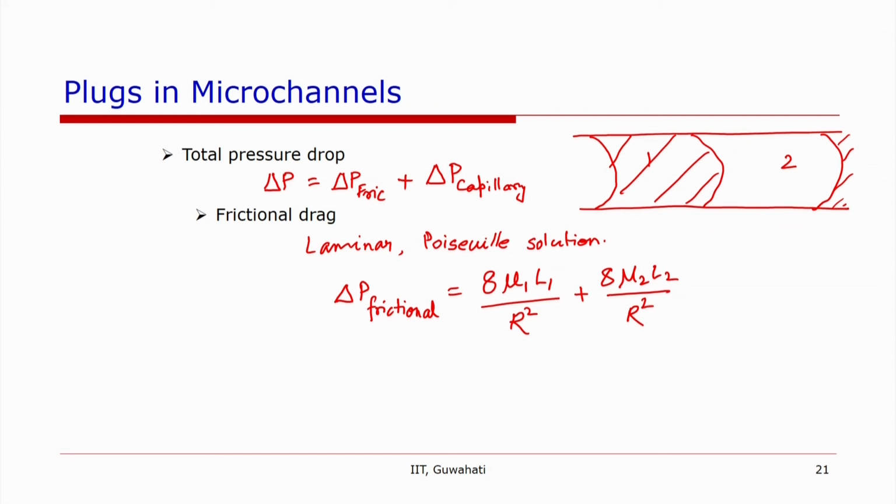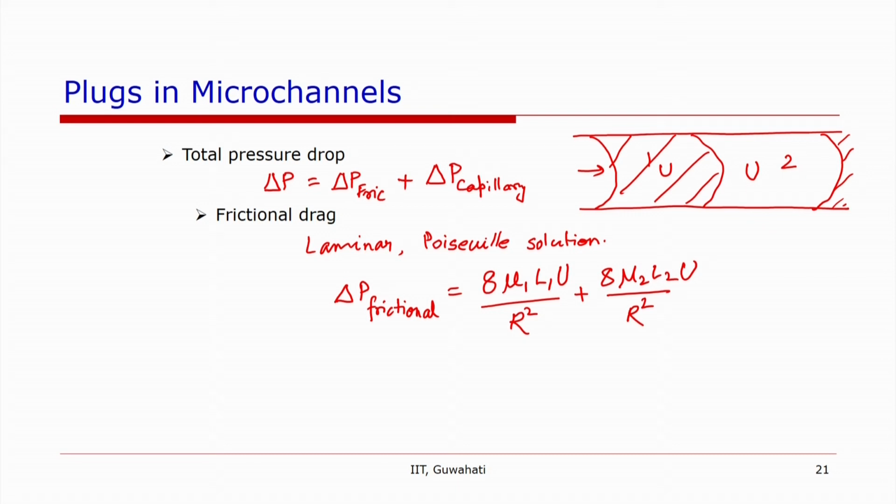So then you will also have u, where u is the velocity of the plug, and both the plugs will have to have the same velocity at steady state. So that is the frictional pressure drop.